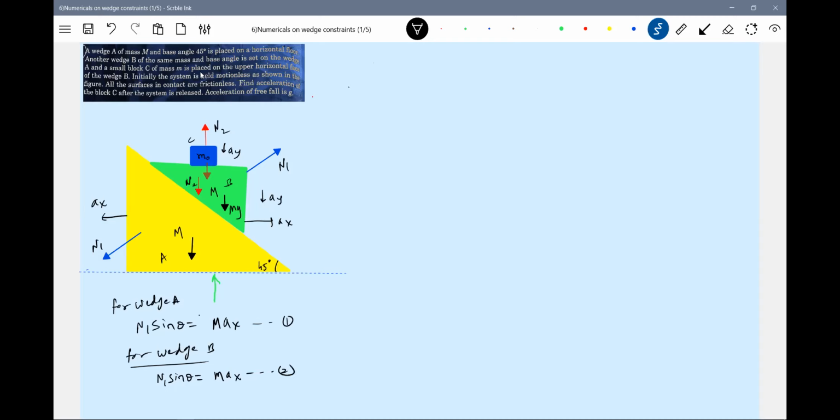Then along the y-axis, I'll continue further. Along the y-axis, mg plus N1 minus N1 cos theta equals ma1.